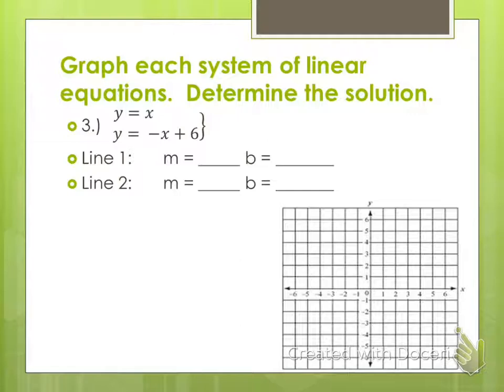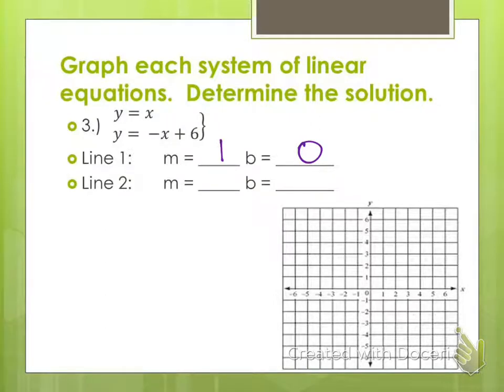For line 1, who can help me out with identifying my slope and my y-intercept? Deja? M is 1 and B is what? 0. Perfect. So remember, if there is not something written after the x, no plus or minus after the x, your y-intercept or B is 0.